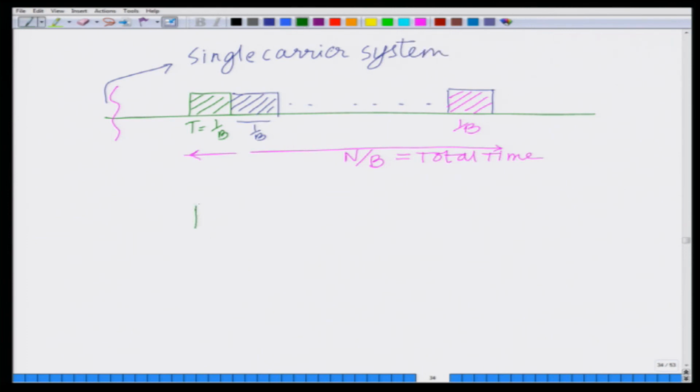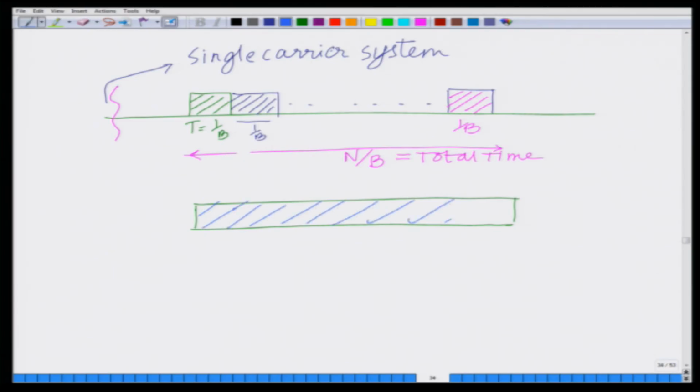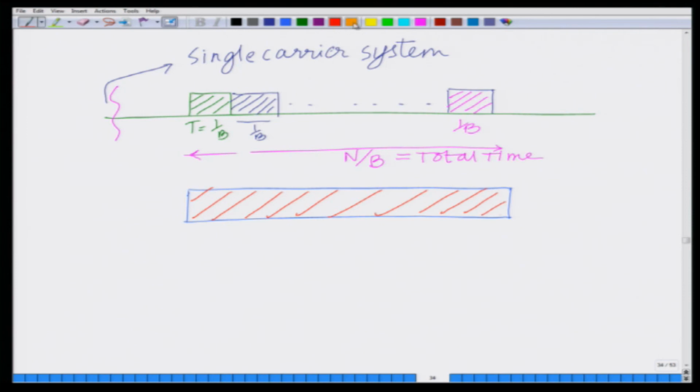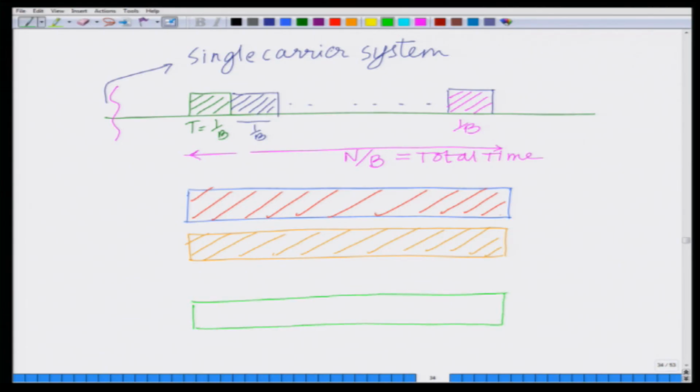However, in our multiple carrier system, if I look at each symbol on each subcarrier, each symbol has a time of N by B. However, I have N subcarriers, therefore, I am transmitting N symbols across these N subcarriers in this multi-carrier system.